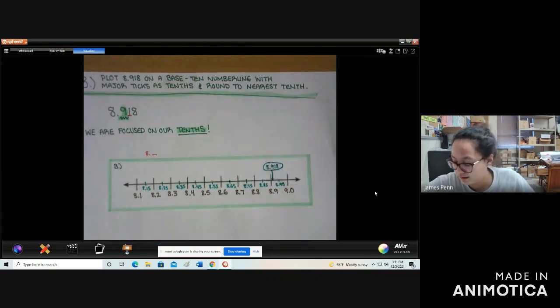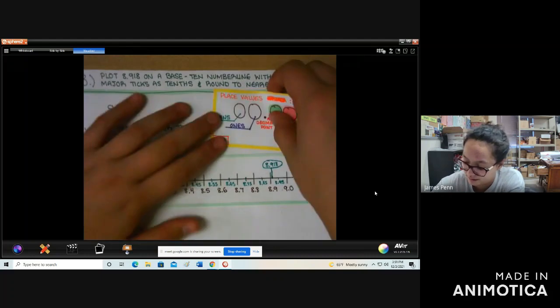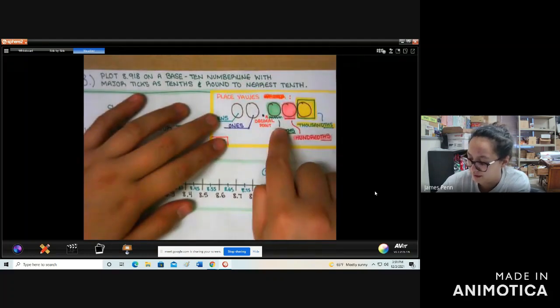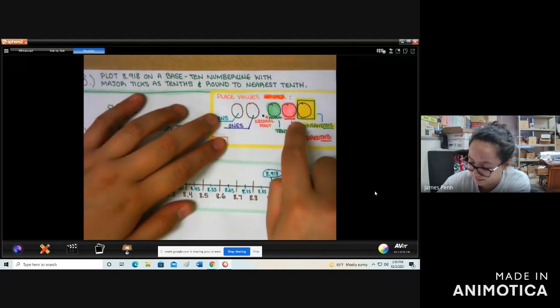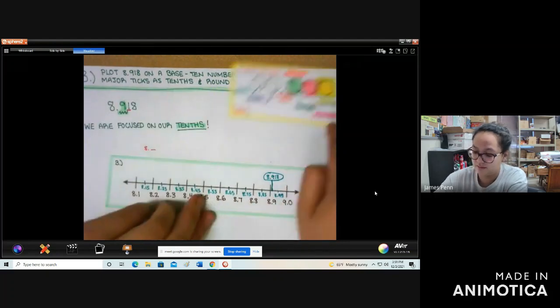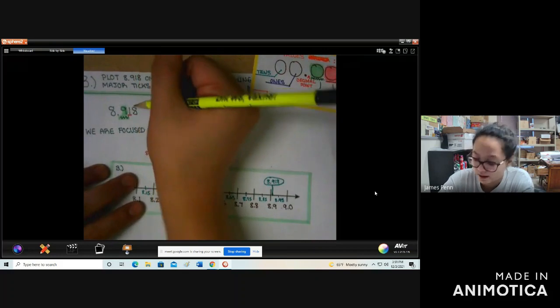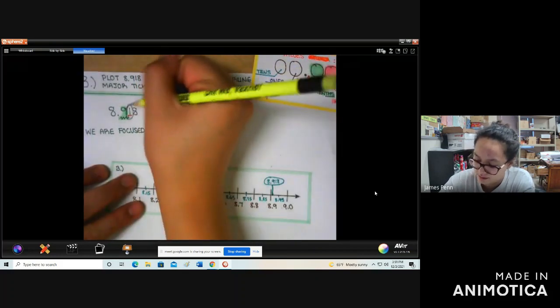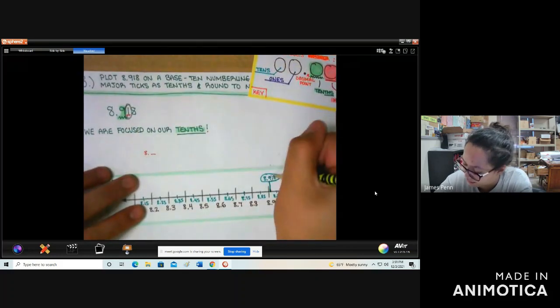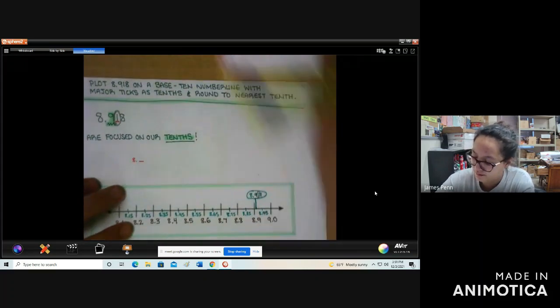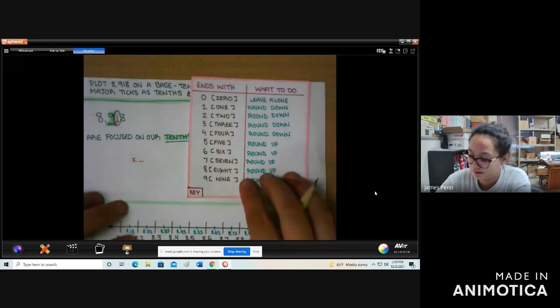Since we are focused on rounding our tenths, the place value to the right of it, right next to it, is the hundredths. So we will be looking at our hundredths place, which is a 1. Grab our key.